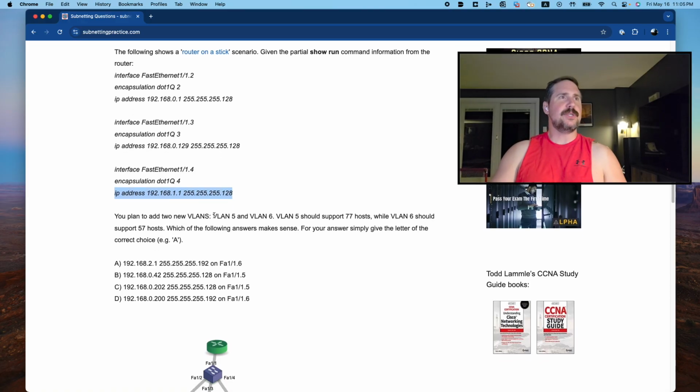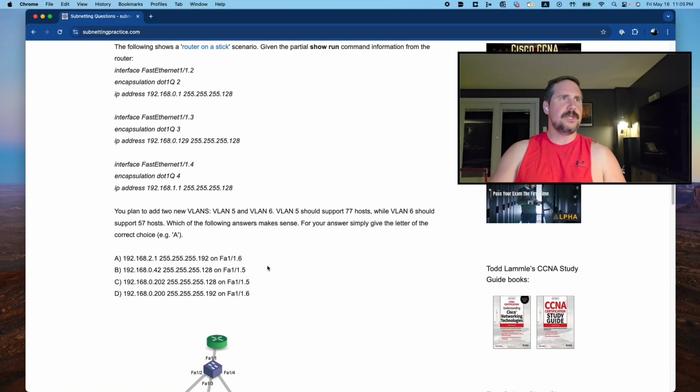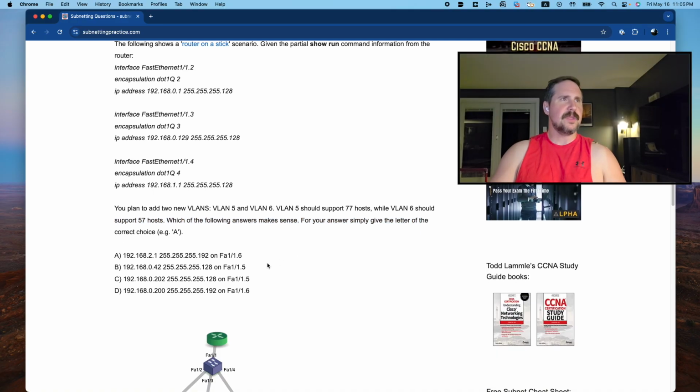All right, I need to create 2 new VLANs, VLAN 5 and VLAN 6. VLAN 5 should support 77 hosts, and VLAN 6 should support 57 hosts. Which of the following answers makes sense? All right, so first of all, we know that we're not going to be in the 192.168.0 range, because as we just said, these two used it all up. And we don't want to break it down further.